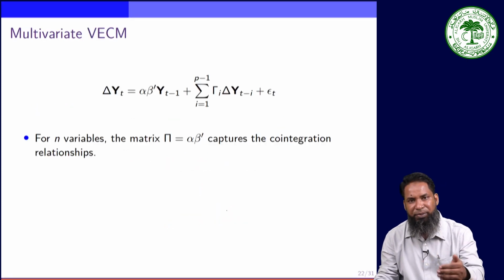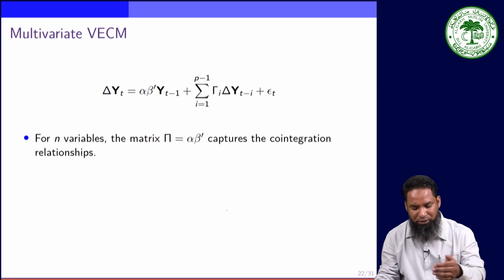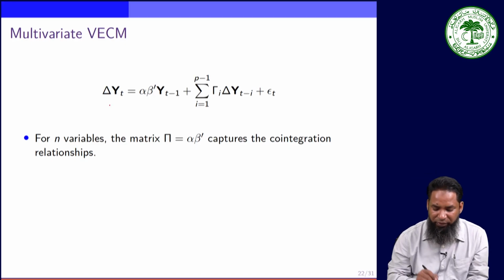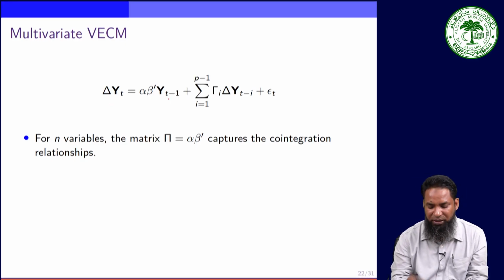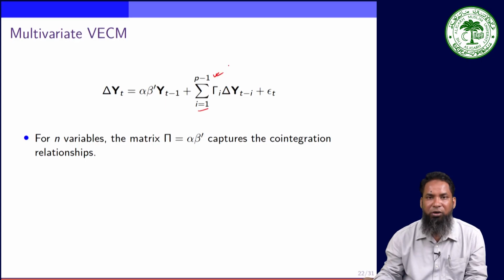So that is basically how it is represented. In a concise way, we can represent the whole system of the VECM like this, where delta yt is equal to alpha beta prime yt minus 1 plus the summation of tau i delta yt minus i from 1 to p, which is the lag order we decide.